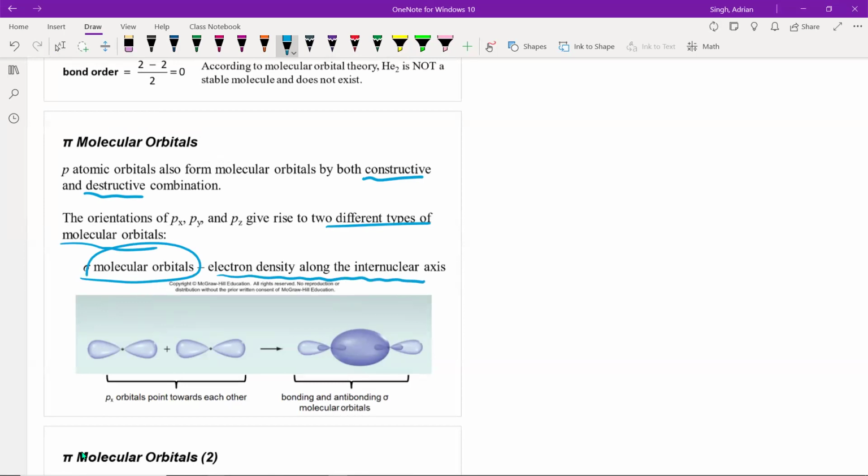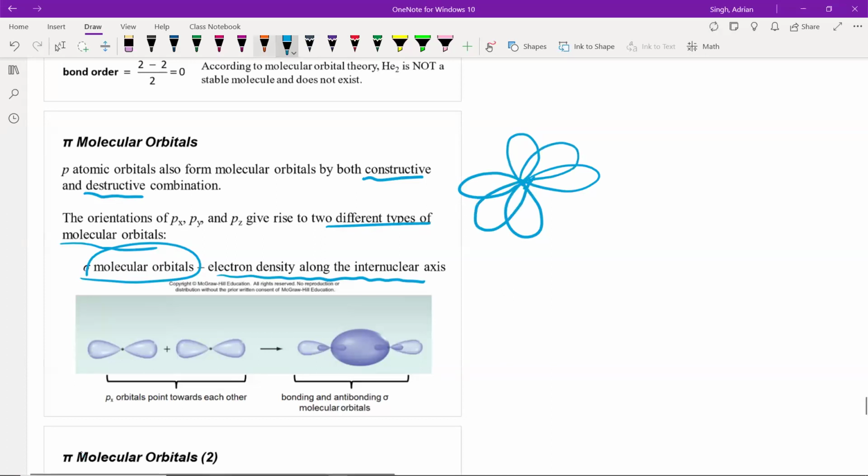So for example, if I have one atom on this side with a set of p orbitals. Remember, the p orbitals are along the 3 axes, so 1, 2, and 3, like this.